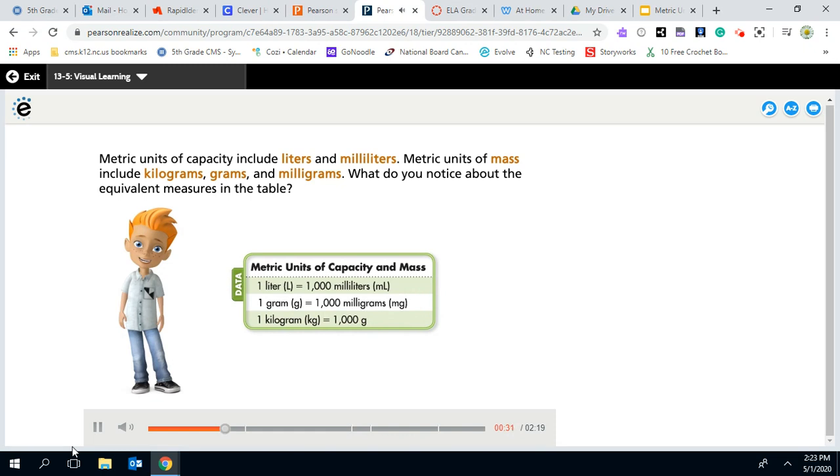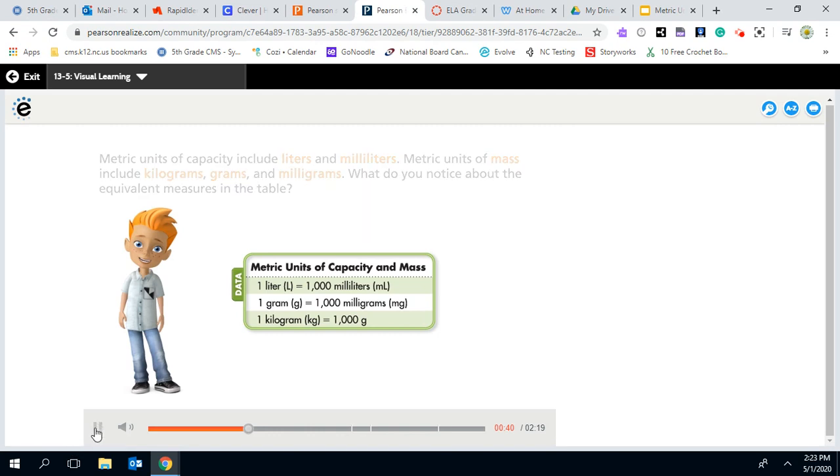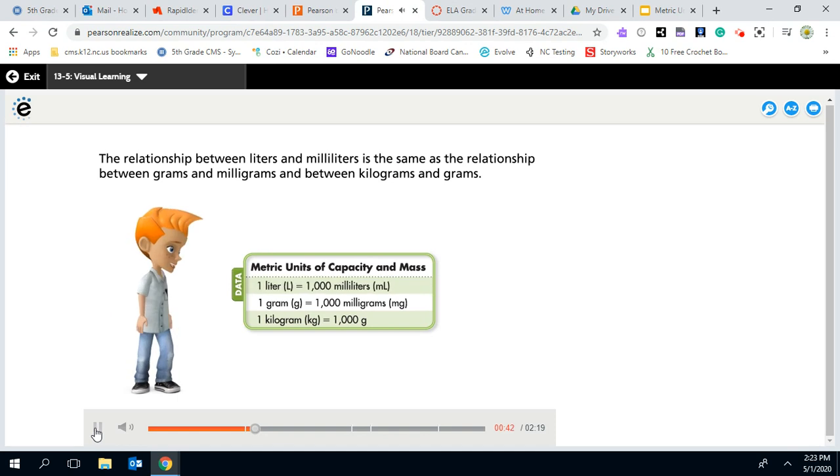Metric units of mass include kilograms, grams, and milligrams. What do you notice about the equivalent measures in the table? Look carefully. The relationship between liters and milliliters is the same as the relationship between grams and milligrams, and between kilograms and grams.